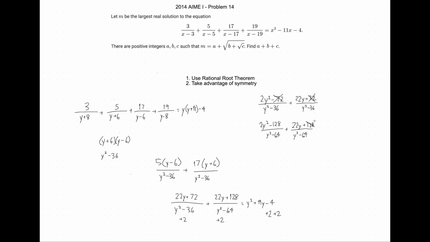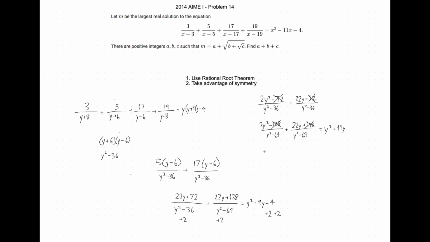And then we'll see that these 128's cancel. And this is all equal to y squared plus 11y. And note that we got rid of the 4 because we distributed it to these two terms just to get rid of these constant terms.